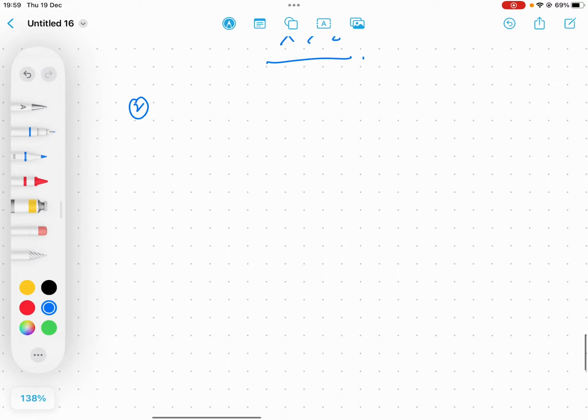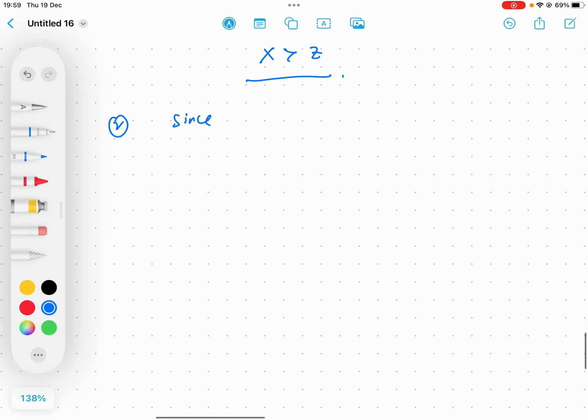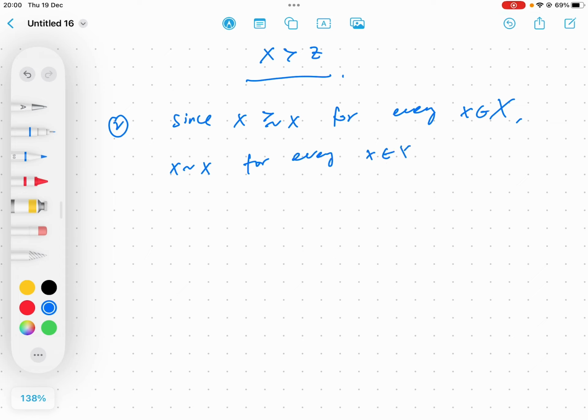So first, because x is weakly preferred to itself for every x, x is indifferent to itself for every x. Okay, so this proves the reflexivity.